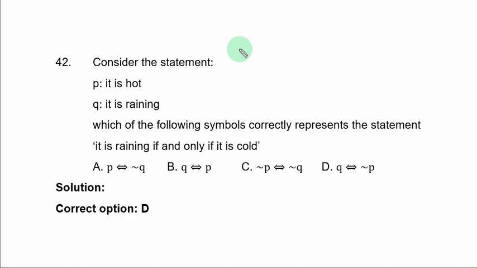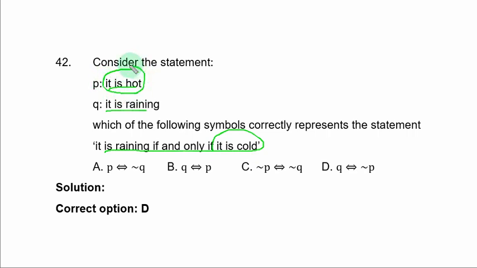Question 42. Consider the statement P, it is hot. Q, it is raining. Which of the following symbols correctly represents the statement it is raining if and only if it is cold? So this it is cold here is already negating it is hot.